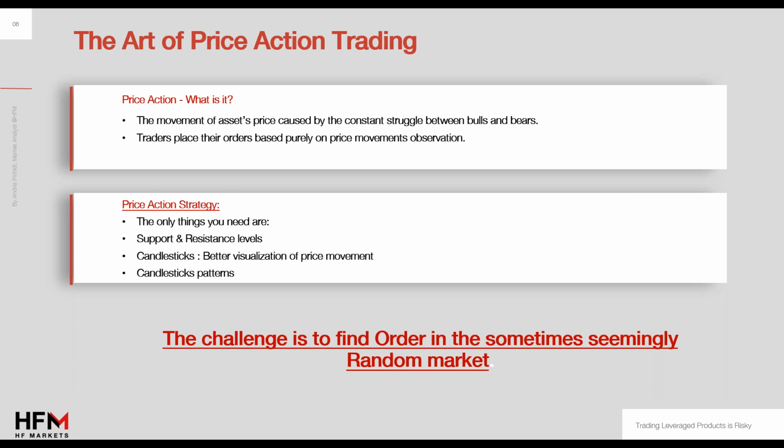So many short-term traders rely exclusively on price action to make a trading decision. The technical analysis is just a derivative of price action, right? All our technical indicators are based on some calculations on the price action.